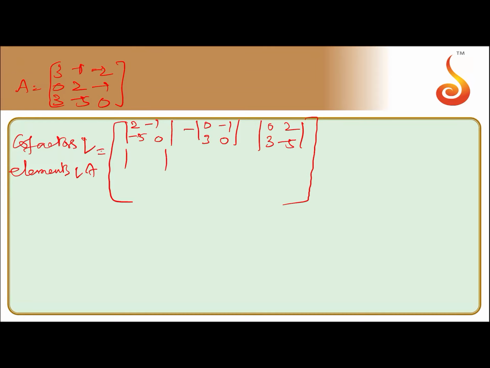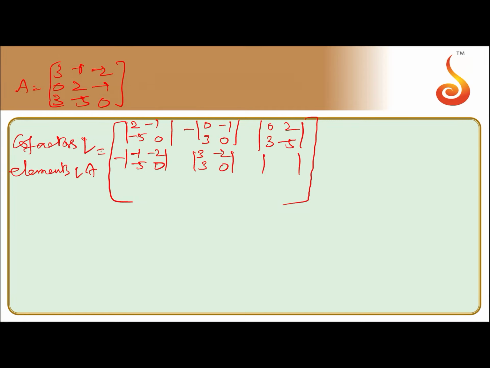And the next one, cofactor of 0: minus 1, minus 2, minus 5, 0 with minus sign. Cofactor of 2: 3, minus 2, 3, 0.